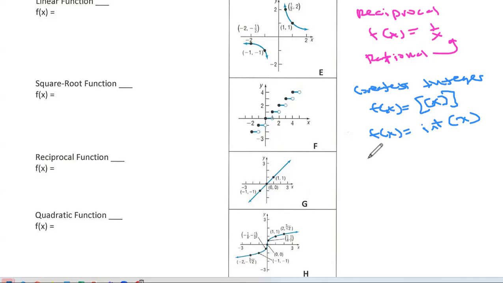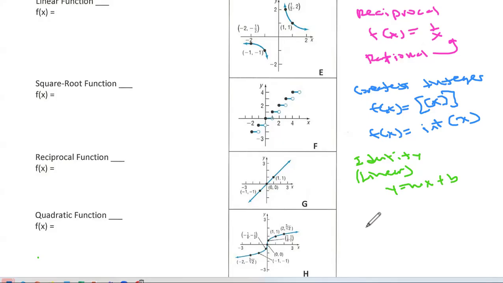Okay, and then for G, again, the book has some interesting names for these. So for this one, it is an identity function. But we know that as linear, right? So linear. That's just a y is equal to mx plus b equation.